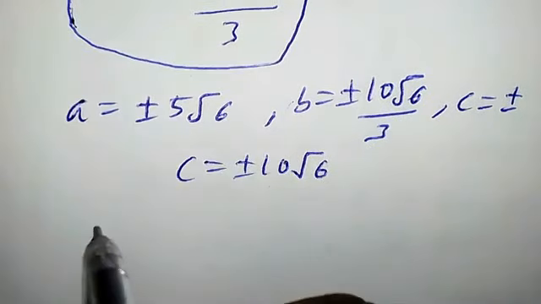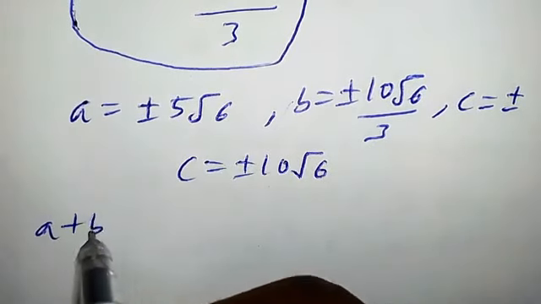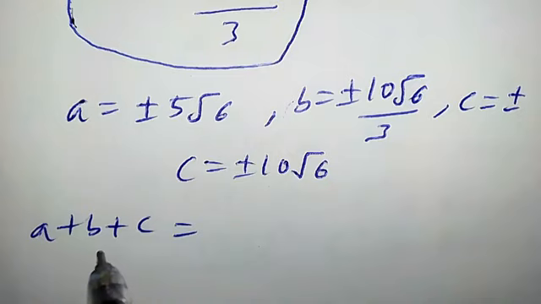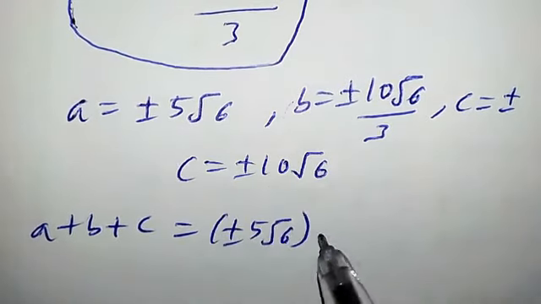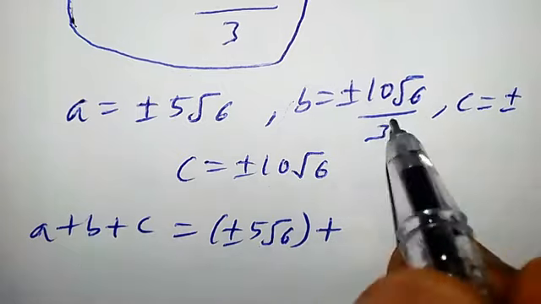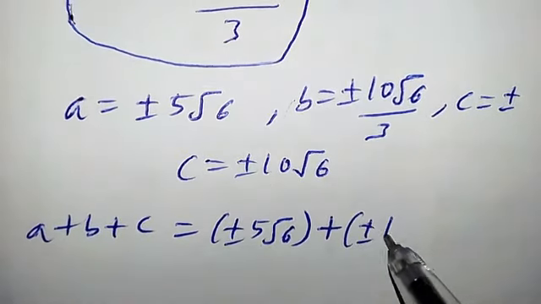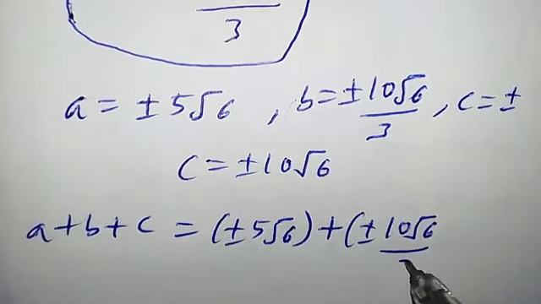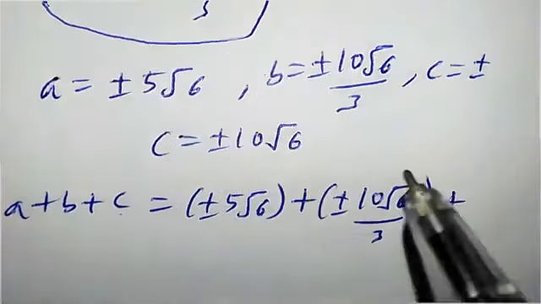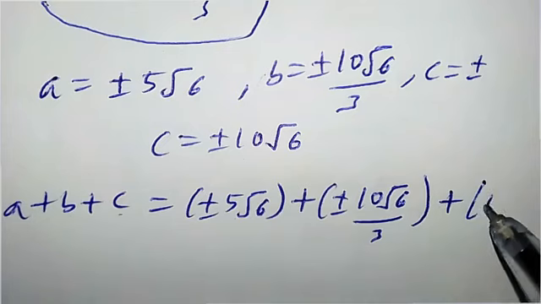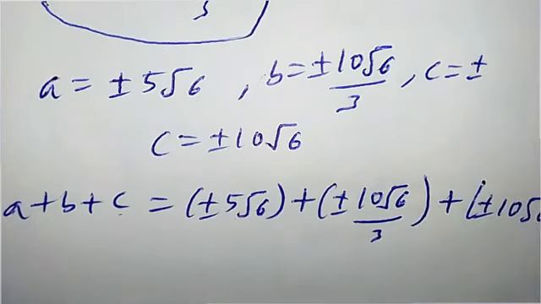Let's add them together. So A plus B plus C is equal to, what is A? That is plus or minus 5 root 6 plus, what is B? B is plus or minus 10 root 6 over 3 plus, what is C? C is plus or minus 10 root 6.